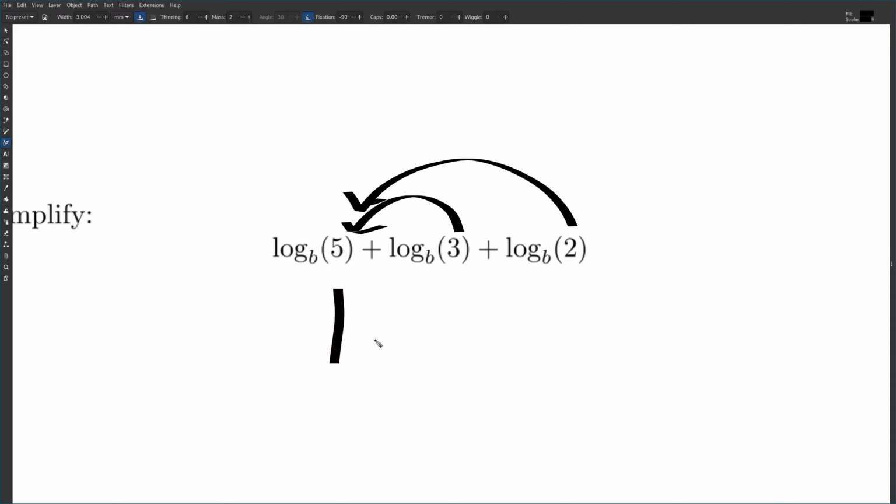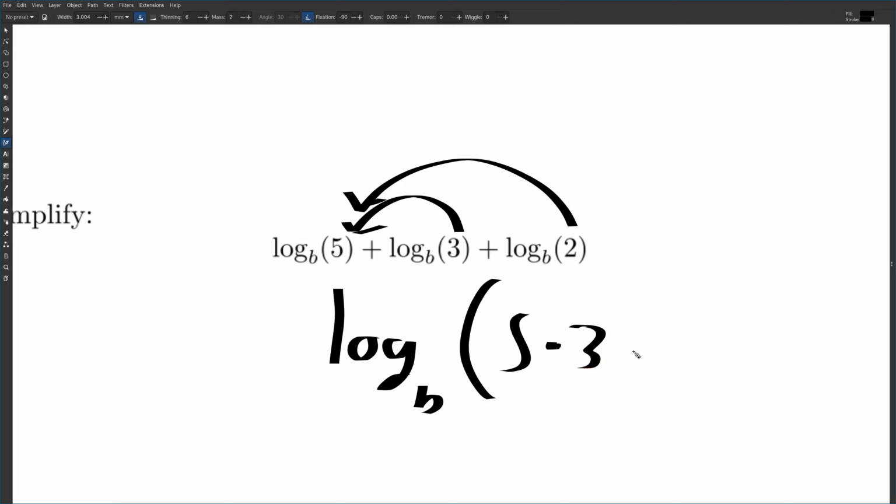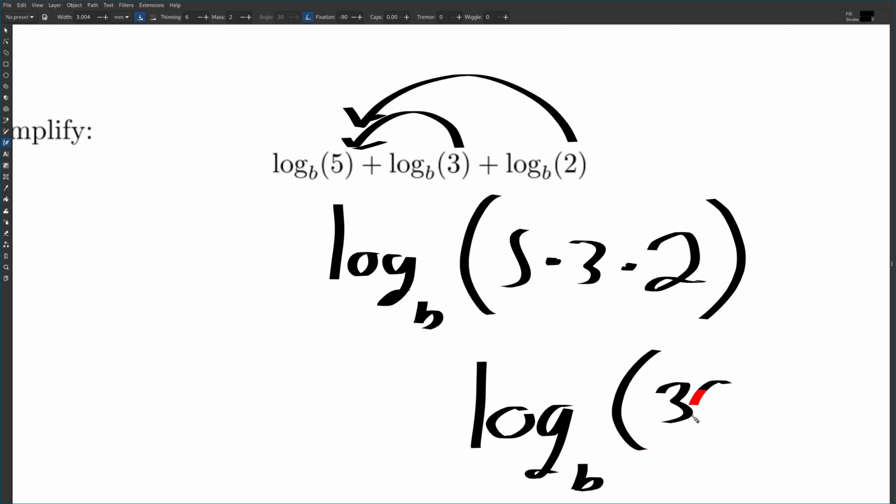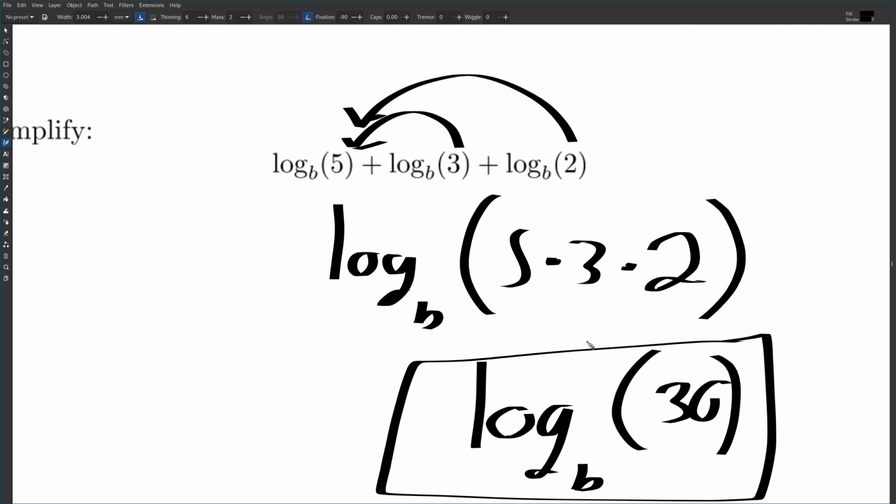So we're going to have log base b of 5 times 3 times 2, and 5 times 3 is 15, times 2 is 30. So we're just going to have log base b of 30. That's a whole lot simpler. We're done with that one.